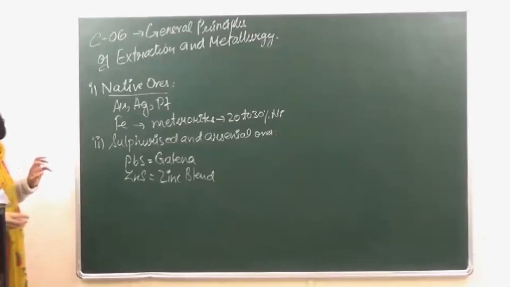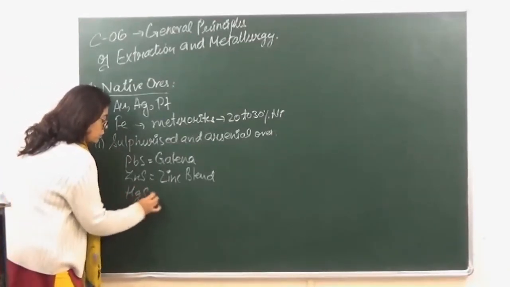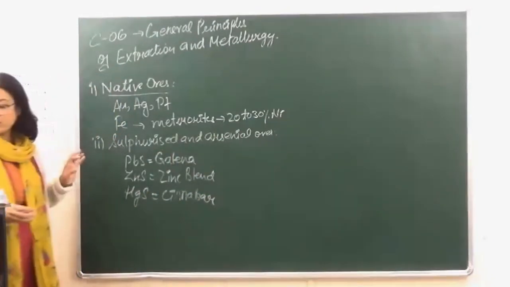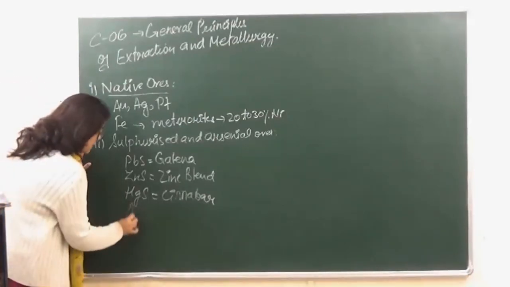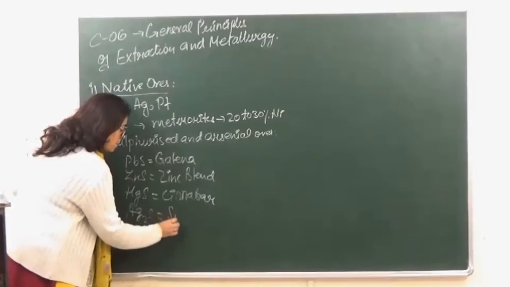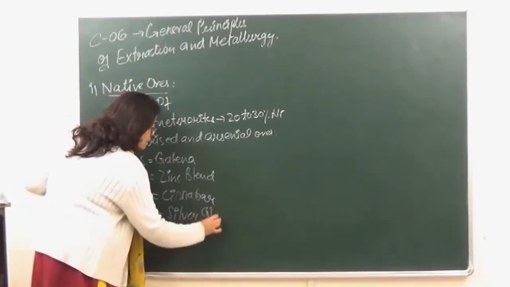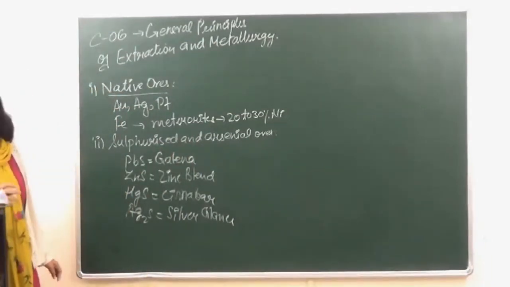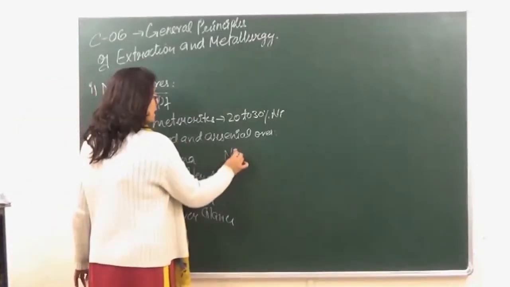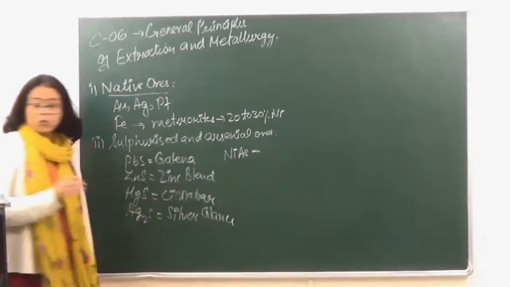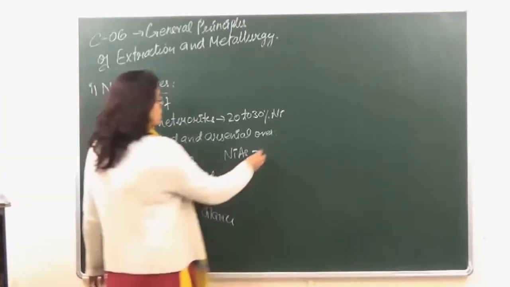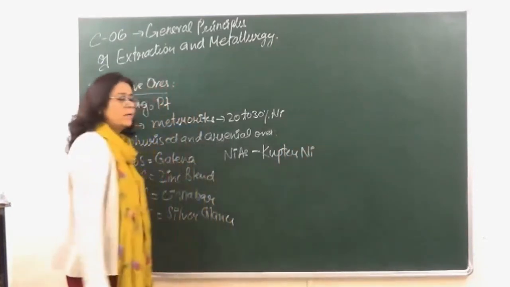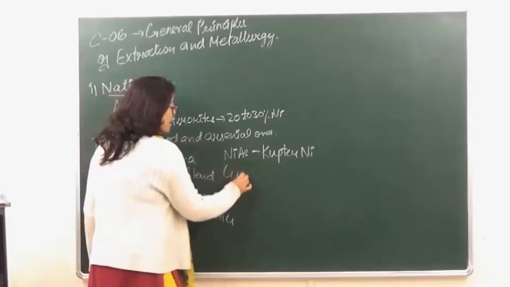Then HgS, which is known as cinnabar. Then we have Ag2S, which is known as silver glance. And then we have NiAs, nickel arsenide, which is known as kupfernickel. And we have copper pyrites.